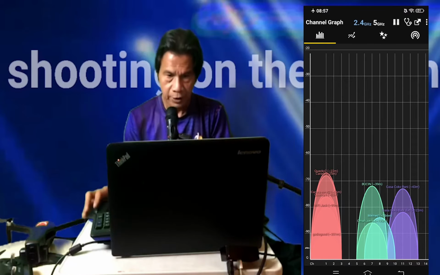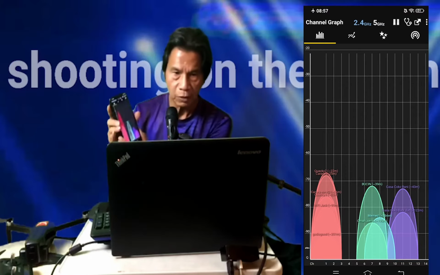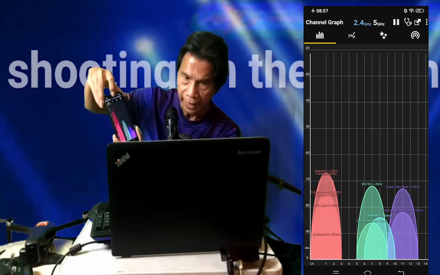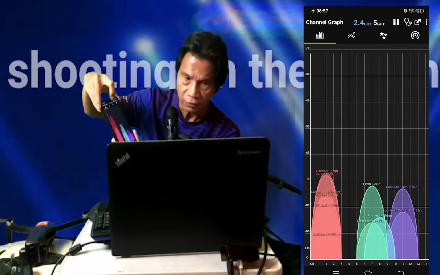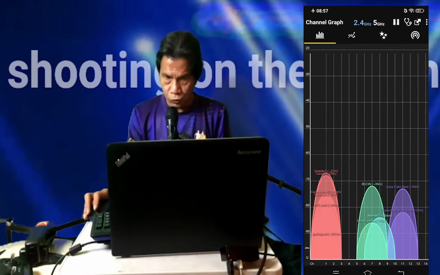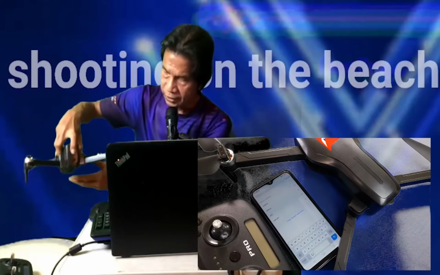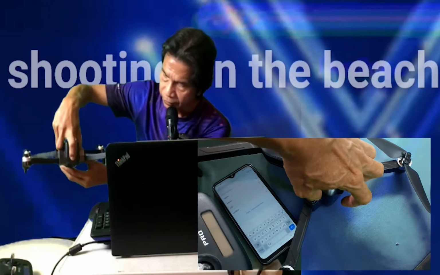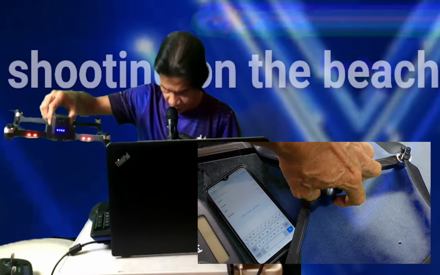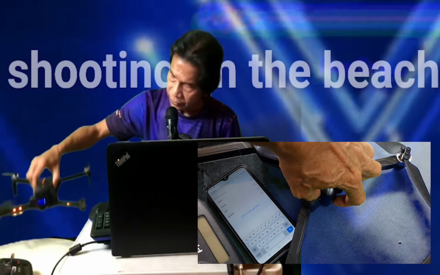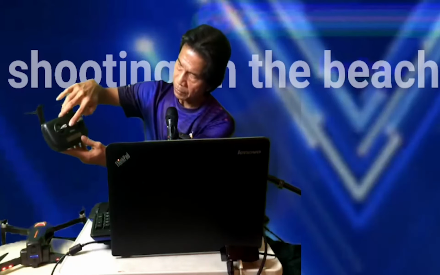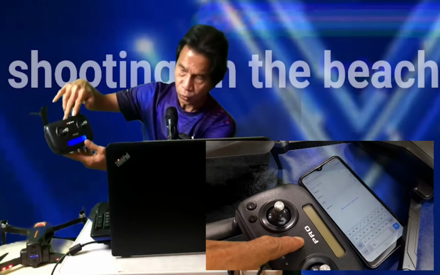So as I mentioned, on the top of this navigation in the application, there is 2.4 and 5 gigahertz. So let's start to power on the drone first. Okay, so you can see the drone is on now, and then the second step is to power on the remote control.